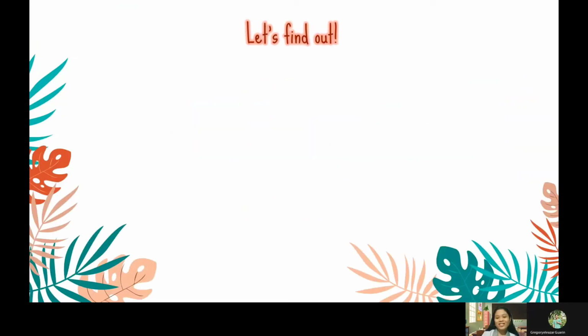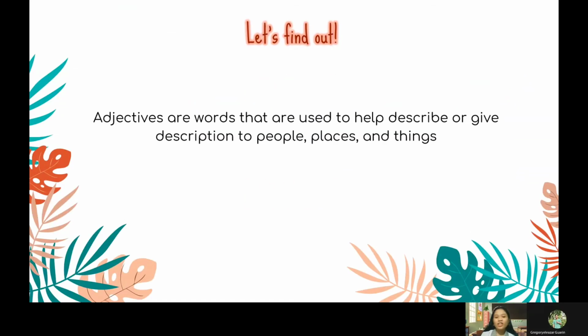Let's find out. Adjectives are words that are used to help describe or give description to people, places, and things. In other words, adjectives are words that define the noun or pronoun.